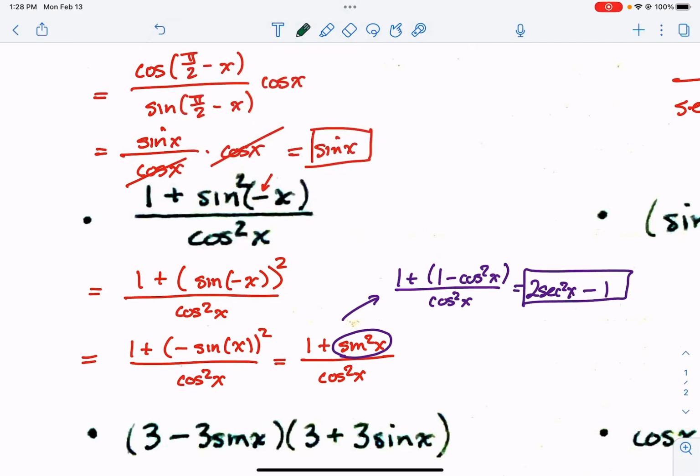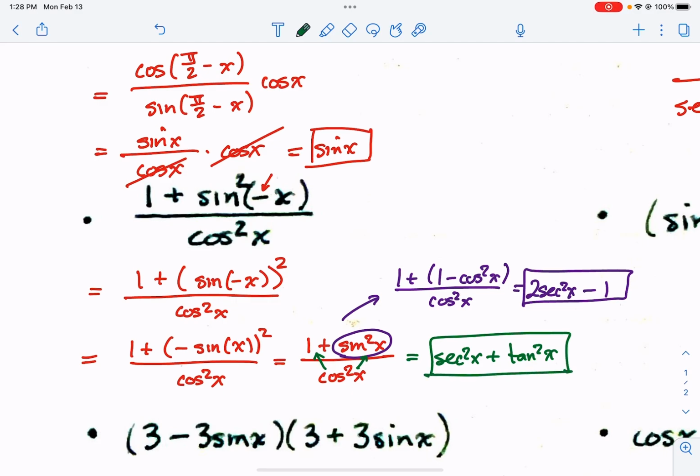And maybe in a different color, what you might want to do is just divide through by cosine. So I'll do that in green. And that's going to give you, it looks like, secant squared x plus tangent squared x. Right? And that's also pretty simplified.